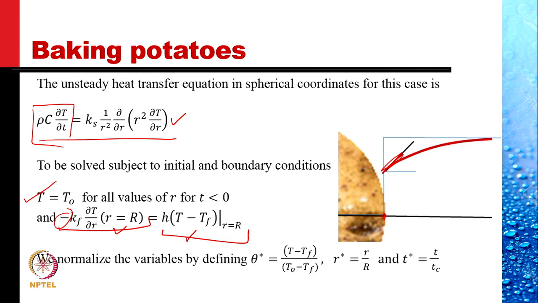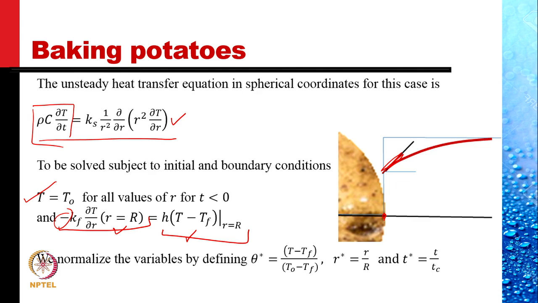We normalize the variables by defining a normalized temperature difference, theta star, equal to T minus T reference, which we choose as Tf, divided by T naught minus Tf, the initial temperature difference, the characteristic temperature difference. And R star is equal to R by capital R, and tau star is t by Tc, a characteristic time.